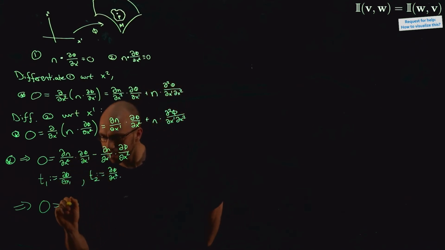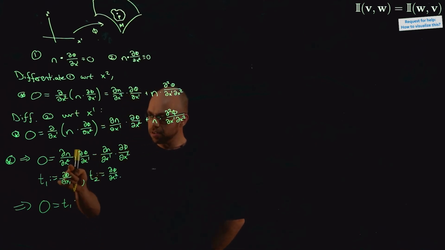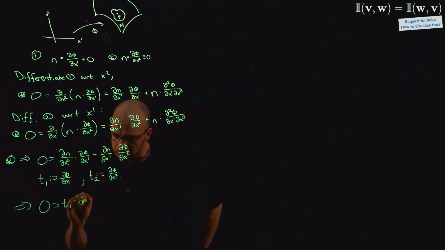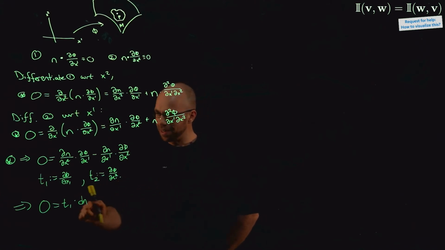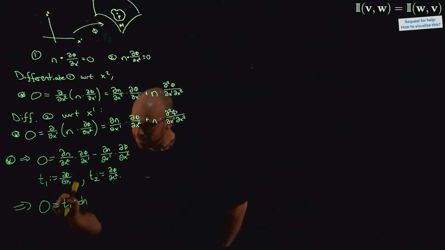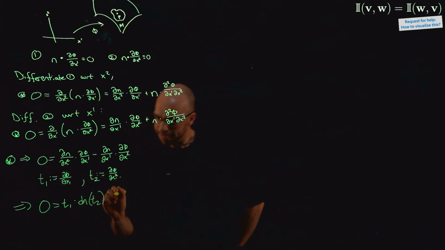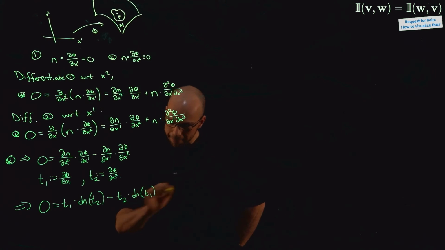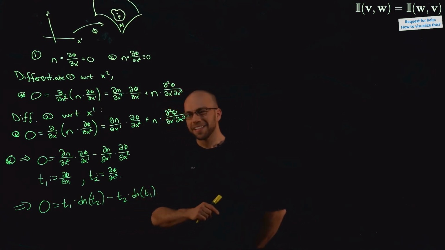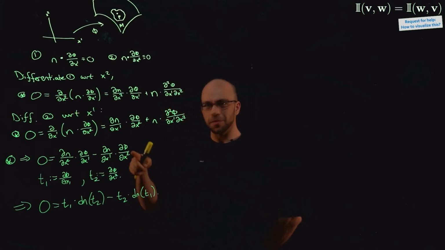This is d phi dx1, which is T1, dot product the derivative of the normal, dn. I'm going to omit the subscript for now because I've been a little sloppy about where we're evaluating things. But it's in the x2 direction, minus T2 dot product dn of T1.